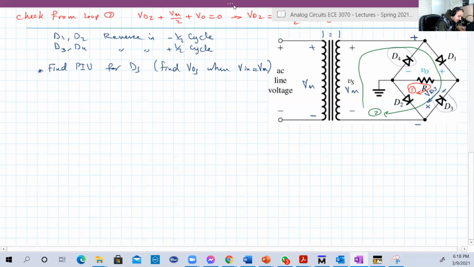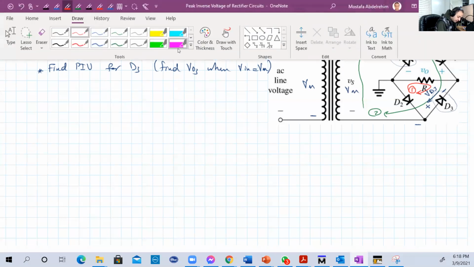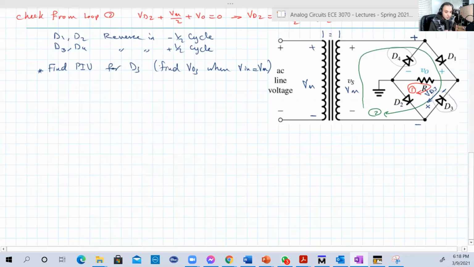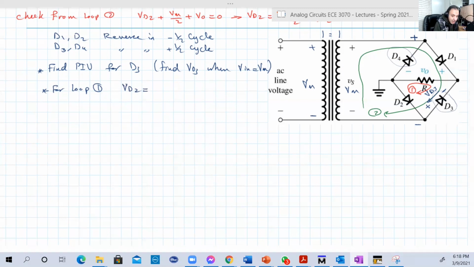So from loop 1, or let's write what voltage you're going to use if you use any of them. So for loop 1, which is the red loop, we're going to use VD2, and VD2 is basically forward, remember, and when the input is Vmax, VD2 will be forward and on, and it has 0.7.